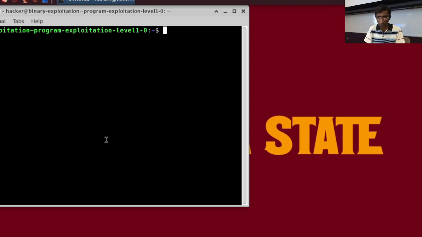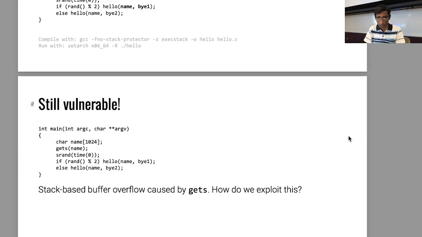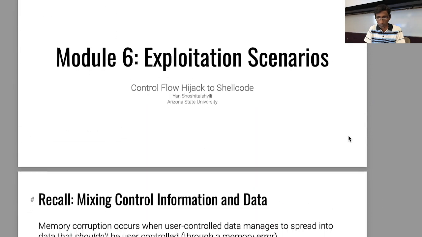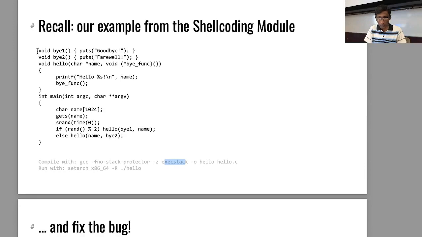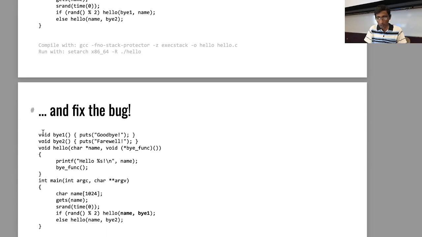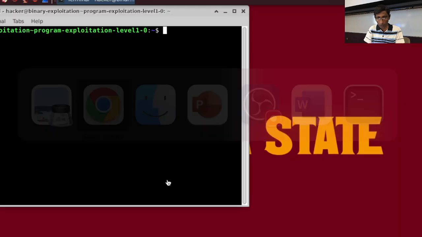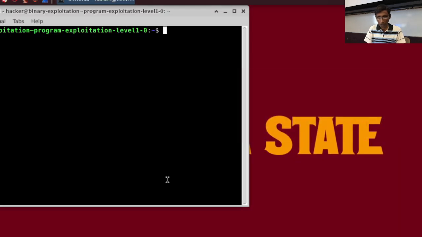Yeah, we can use the same code here. And then we will make it such that instead of passing the shell code, we modify the return address and make it go to the specific return address, and then we can run it.